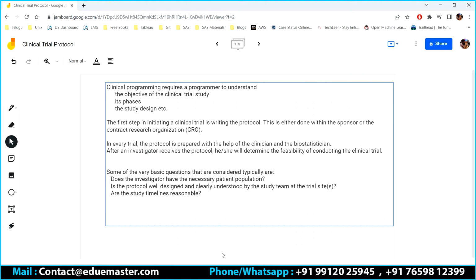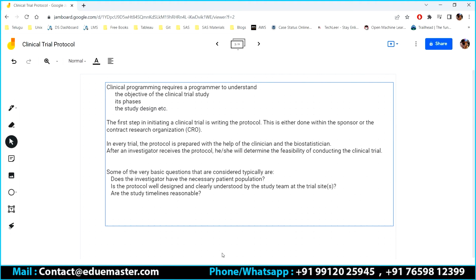If someone asks you how you define whether the feasibility is there or not, for example, if I say that I drastically want to increase the height of a person, I need a drug to increase the height of a person by, let's say, 5 or 6 inches. How practically is it possible? May or may not. Check the feasibility.